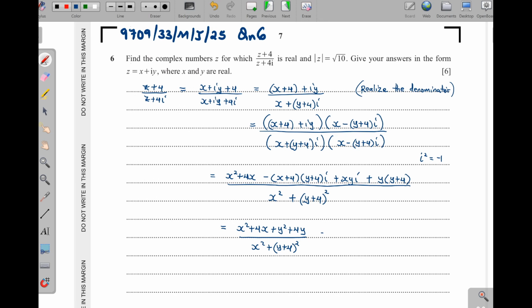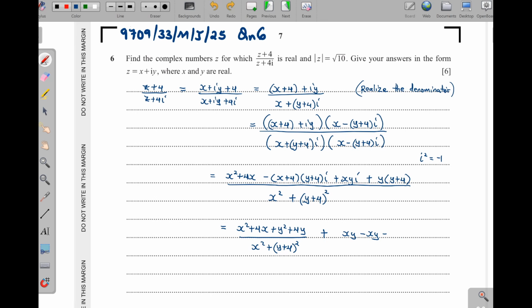And then we have a plus. Now the imaginary part is going to be the whole of this. So we have xy, then minus, let's open the brackets here. We shall have minus x times y, that is xy, then x times 4, that is 4x, and then this is 4y.